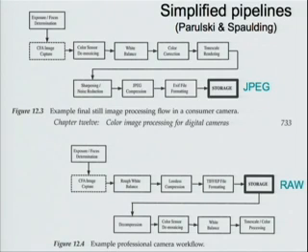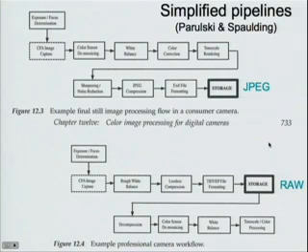Two of the figures in that book are simplified pipeline diagrams that show you what happens in a consumer camera and in a professional camera. The difference between them is basically the output. The consumer camera outputs JPEG files, and the professional camera in this conception outputs RAW files. So the question is really how you organize the different stages and where you do storage.